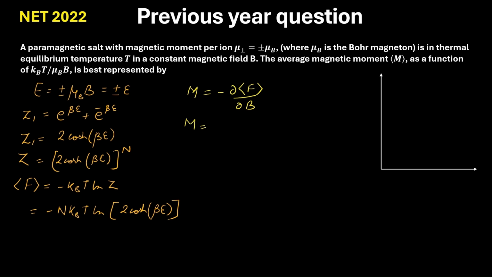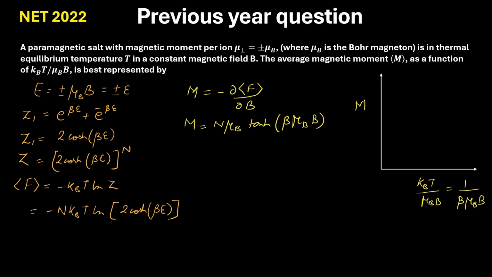It will be equal to N mu_B tanh of beta mu_B times the magnetic field. Now we have to plot magnetization versus kBT over mu_B B, and this is nothing but 1 by beta mu_B B.